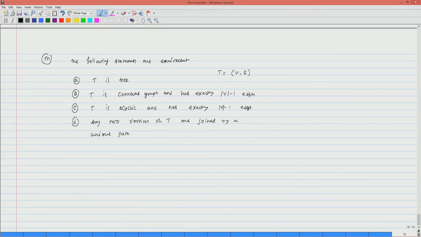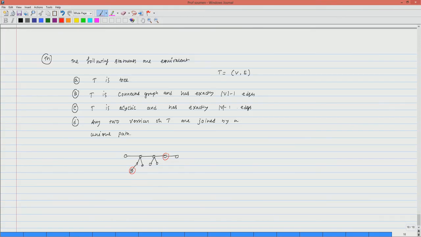This is very helpful because there is no cycle. As you can see, let me just draw a tree quickly. So, this is a tree, and now you consider any two vertices, say this vertex and this vertex. There is a unique path between these two vertices.